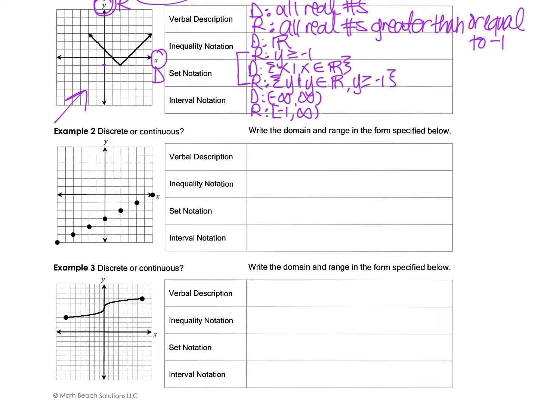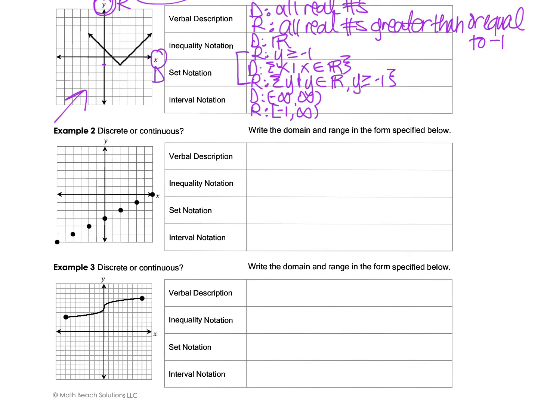So, okay, let's look at example 2. Notice here that we have points and we don't have lines in between. It's not connected, which means there is a space between them. That means that this is a discrete graph. So we need a verbal description of our domain and range. If we look at the x, that's our domain. Notice, it's -6, and then it jumps to -4, -2, 0, 2, 4, and 6.